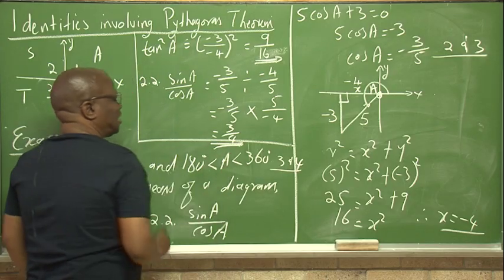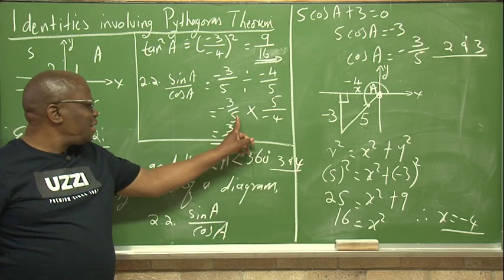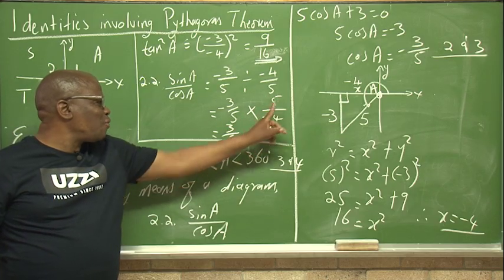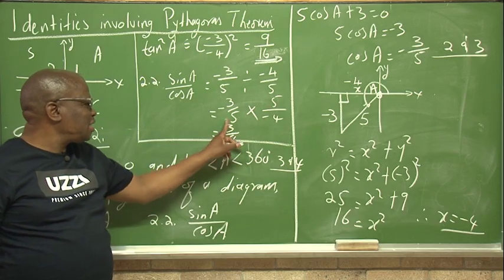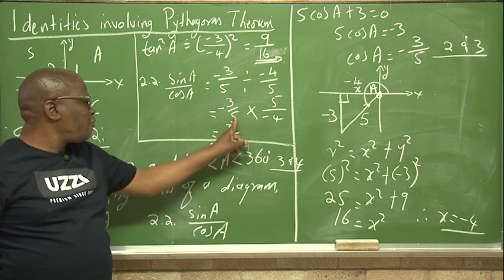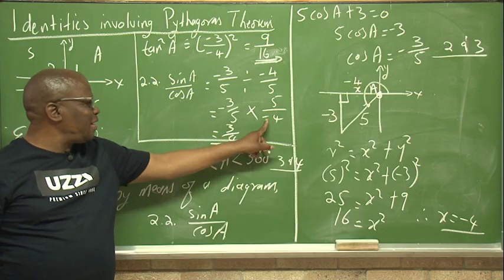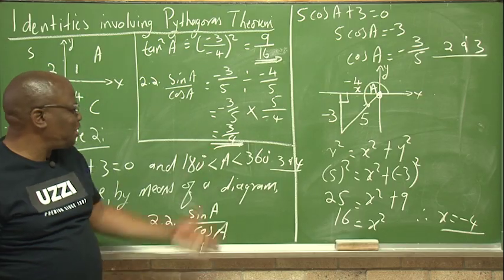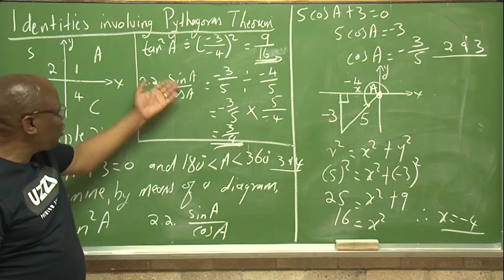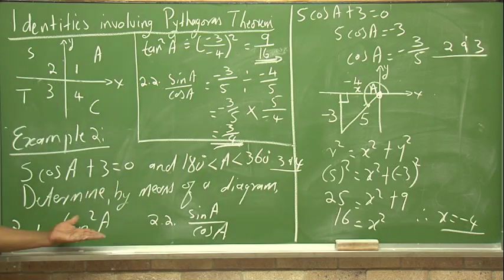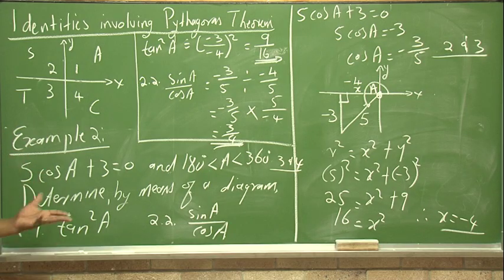Our final answer is 3 over 4. This 5 will cancel that: 5 into 5 once, 5 into 5 once. So 3 by 1 is 3, and 1 by 4 will be 4, because negative and negative yield positive. Here the ratio, when simplified, is 3 over 4. These are the identities involving Pythagoras theorem.